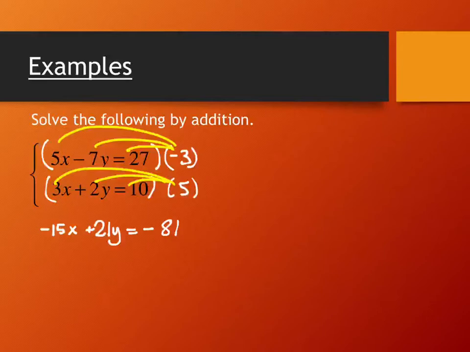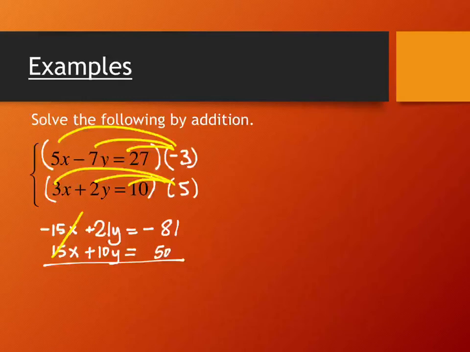Okay, on the second equation, my 5 times my 3 would give me a 15x. 5 times my 2y gives me a 10y. And 5 times 10 gives me 50. So my goal, which was to add these together and get them to eliminate, works.